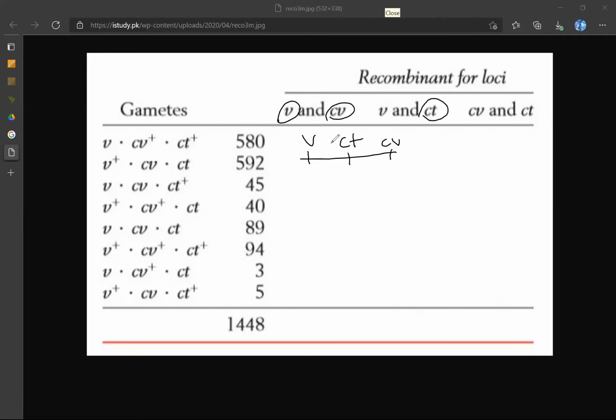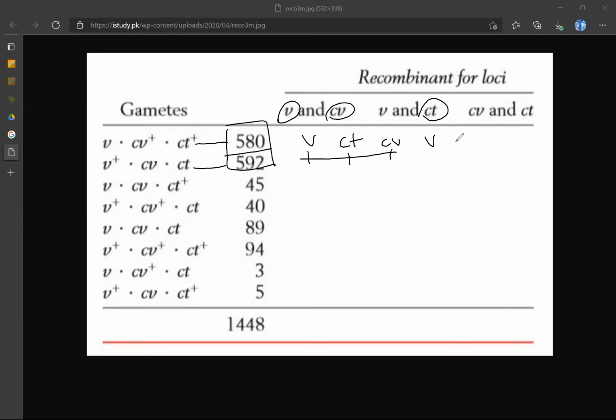Okay, no problem. So we have our guys. And so we have the relative positions, the order, but we need to learn the distances between the genes. And so we can write this. I like to write this as having a cross between the parental individuals. So we know that these are the parental genotypes.